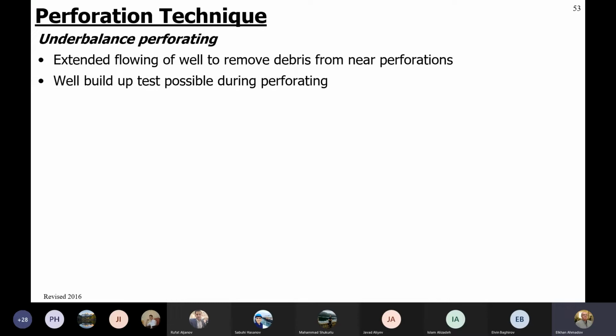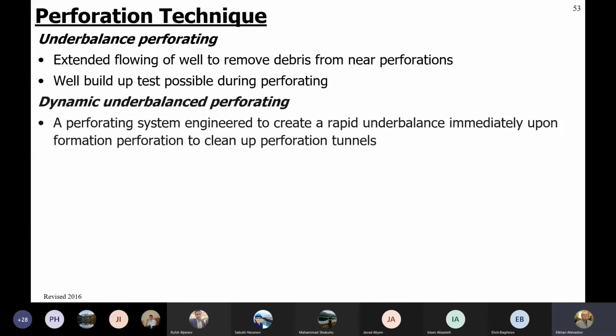Next is dynamic underbalance perforating. This is relatively new, although it has been in use for decades. It's a perforating system engineered to create a rapid underbalance immediately upon perforation. What does it mean?